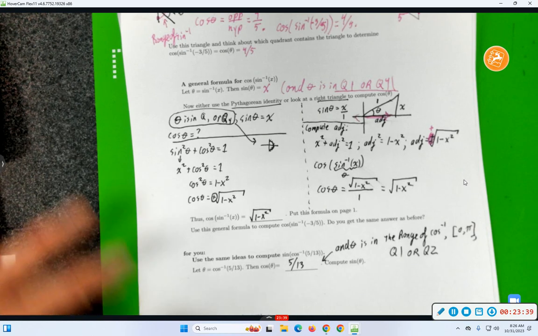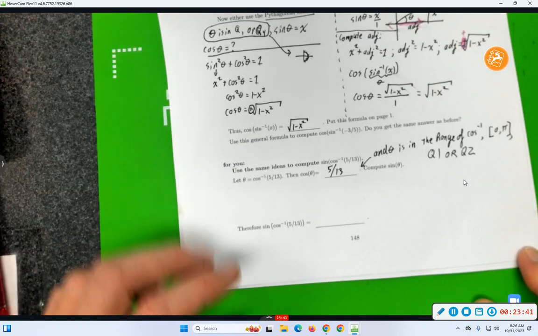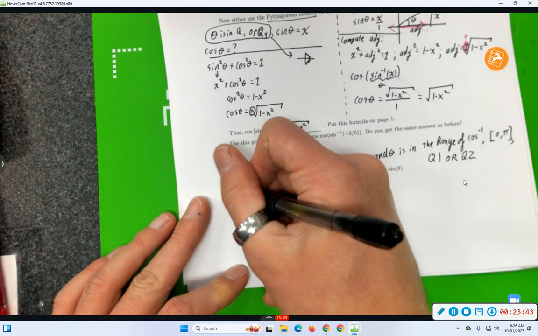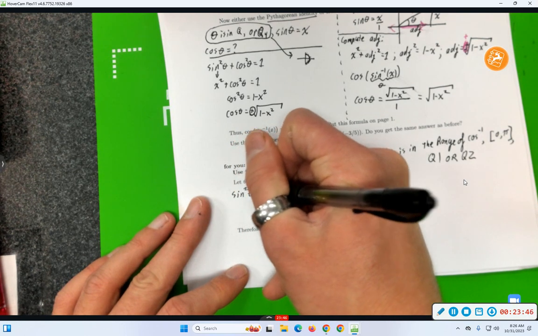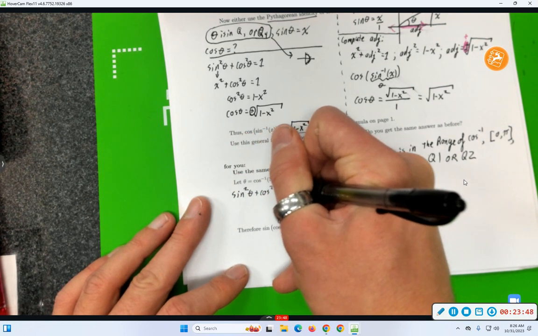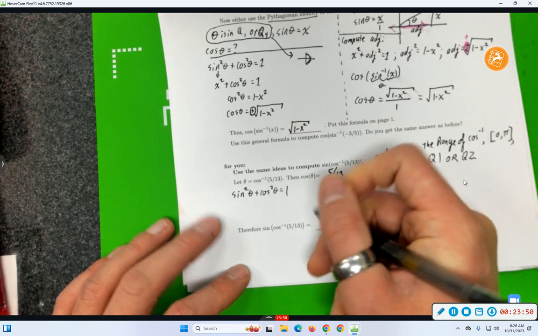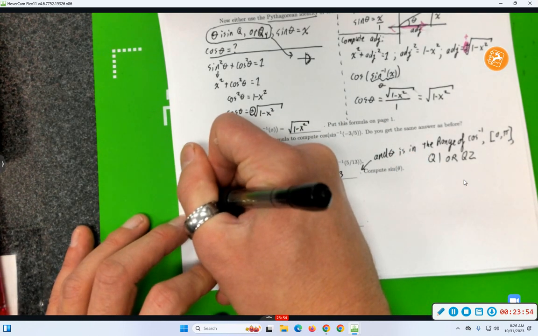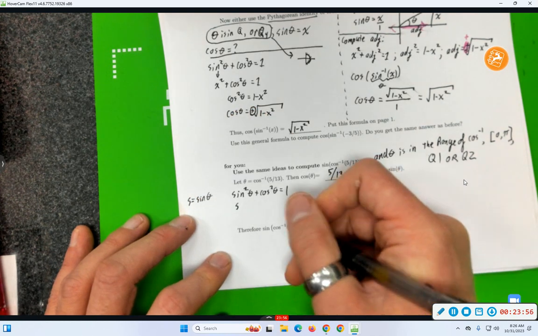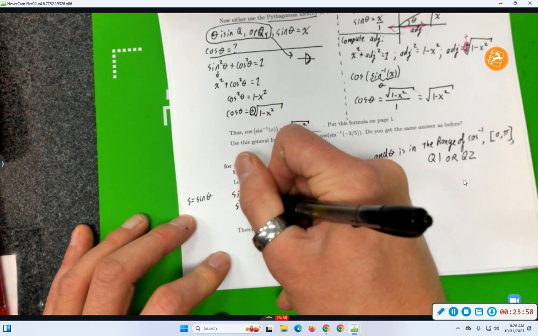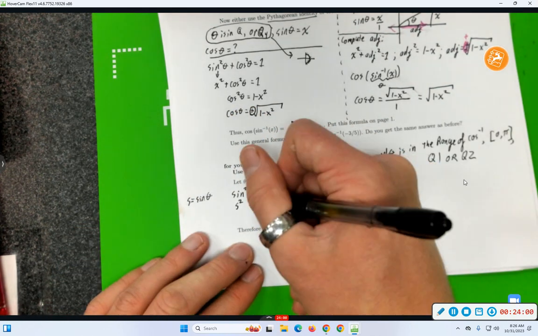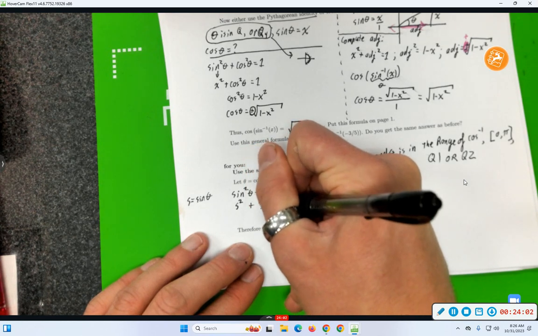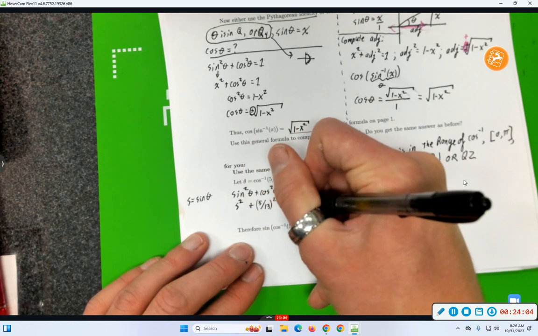So let's use that to now compute sine of theta. So what do I know? I know sine squared theta plus cosine squared theta is equal to 1. I'll be a little bit lazy. I'll let s equal sine theta so I don't have to write sine theta so many times. s squared plus, I know what cosine is, it's 5/14, 5/14 squared equals 1.